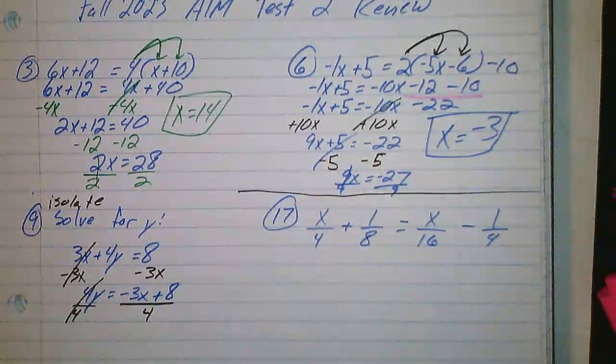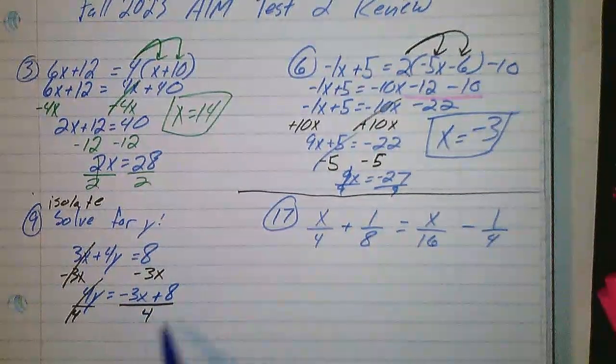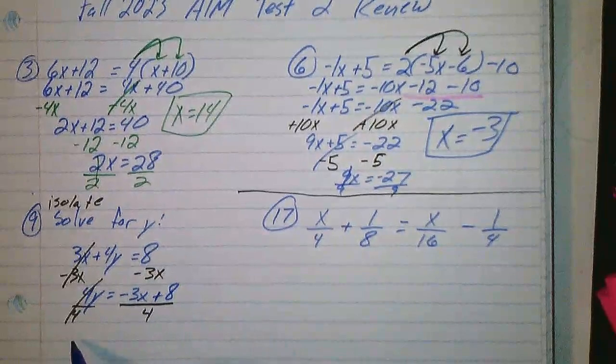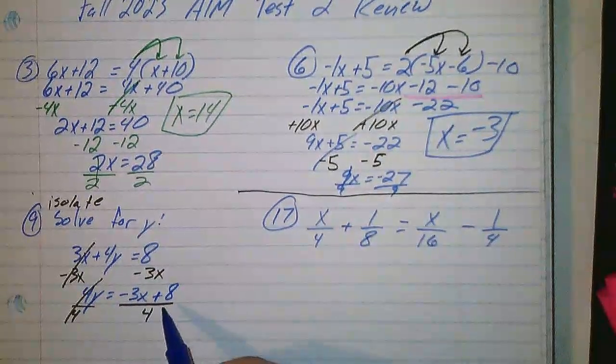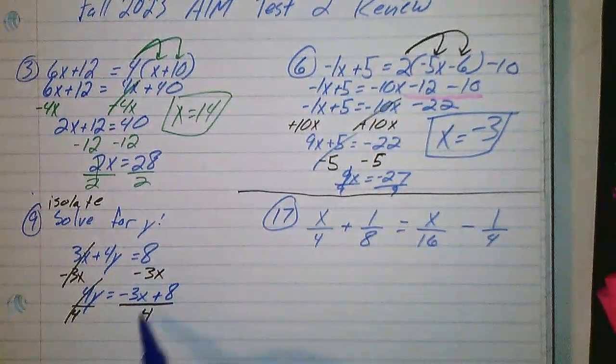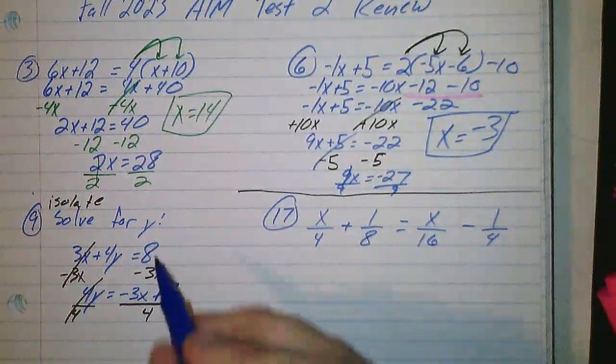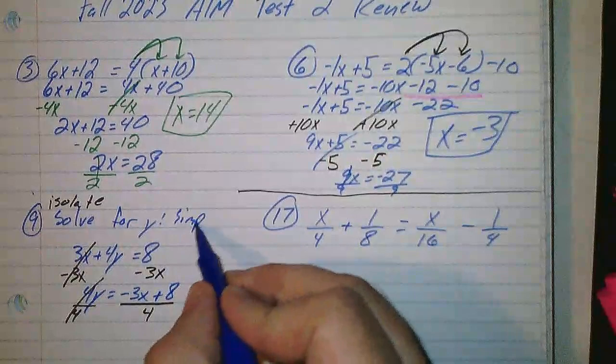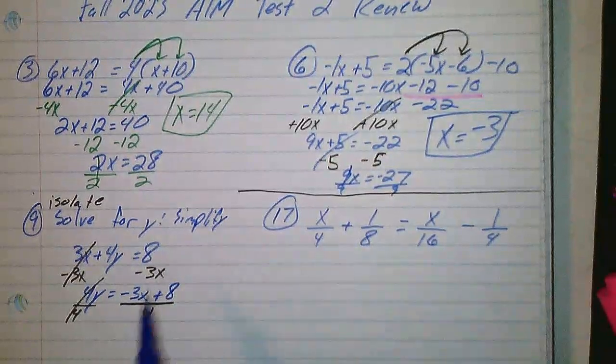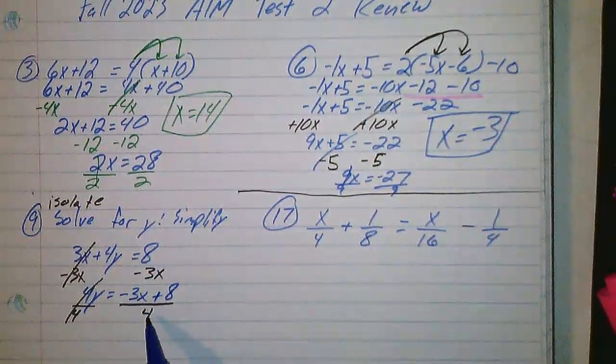So if the question just says solve for y, this might be acceptable. I wouldn't mind it as an answer. But Alex might count it wrong, especially if it states to simplify. Negative 3x divided by 4 will not simplify, but 8 divided by 4 will.